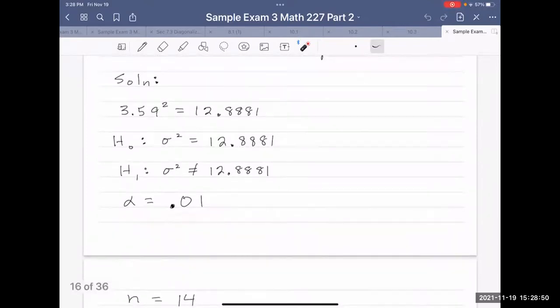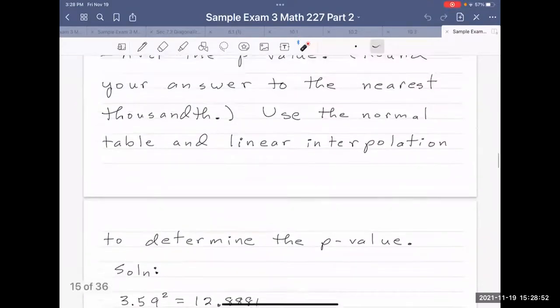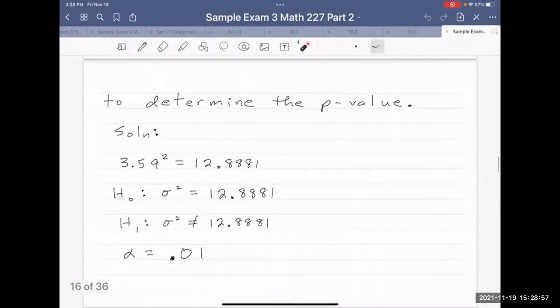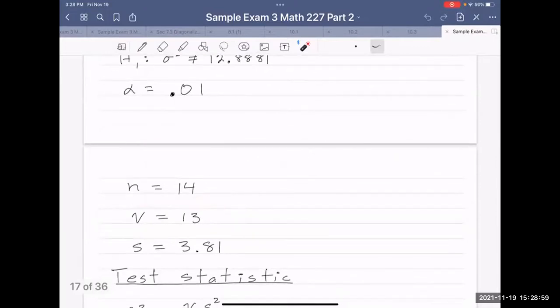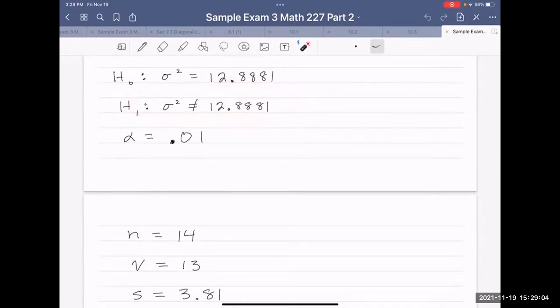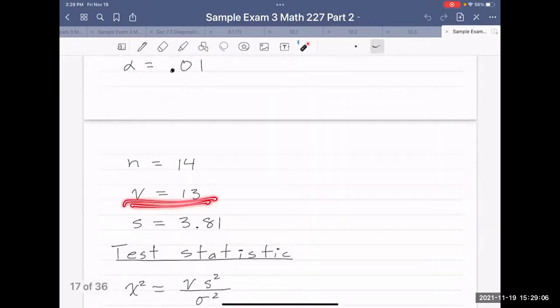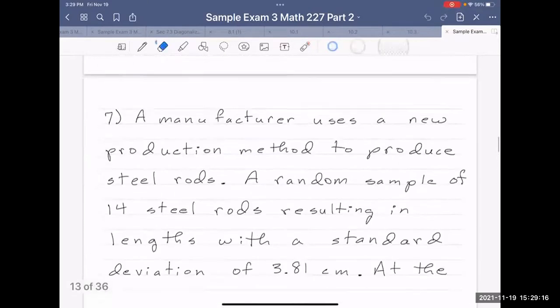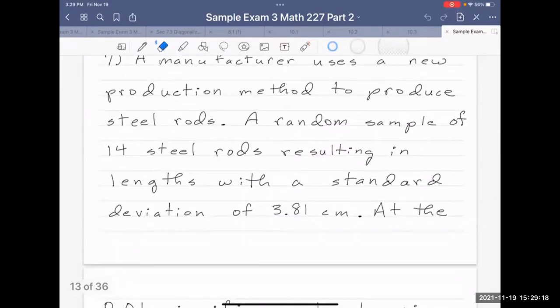Let alpha equal 0.01. So in this case, n is 14. We're going to have to be looking at chi-squared, and so I have to figure out my degrees of freedom. 14 minus 1 is 13. And we have that the sample standard deviation is 3.81.